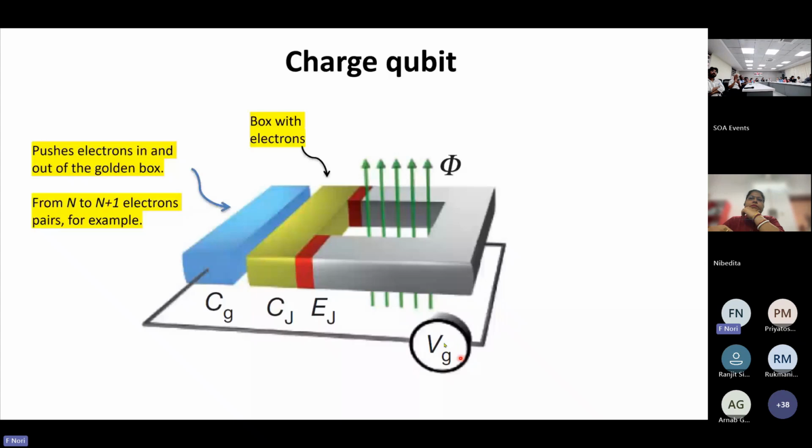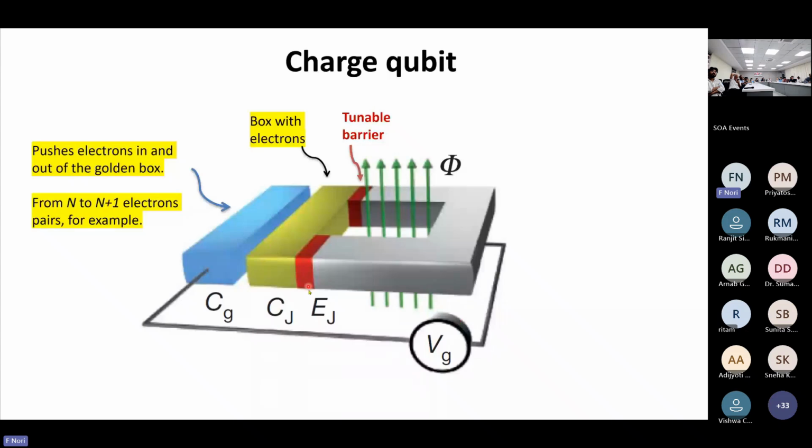So you have two knobs to control the motion here, because this field controls the strength of this barrier. So these are the tunable barriers. These are the Josephson junctions. You control them with the magnetic field, and this one here with the electric field. So by turning the electric knob and the magnetic knob, you are opening and closing these gates here.